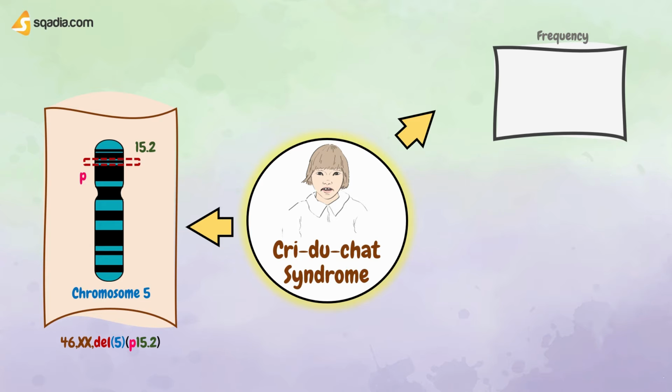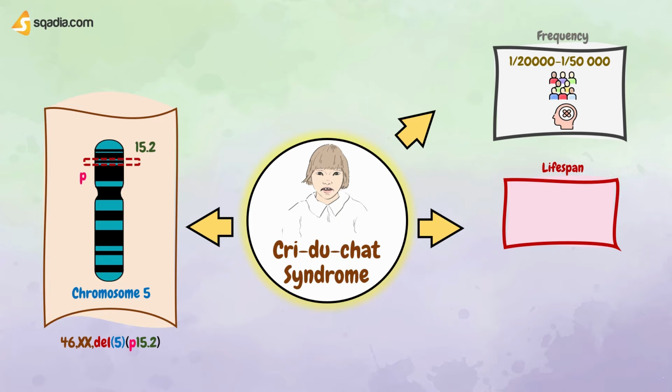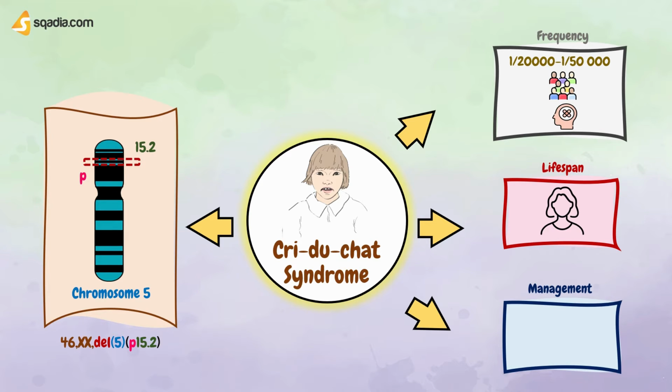Frequency of Cri-du-Chat syndrome is 1 out of 20,000 to 1 out of 50,000, possibly 1% of the profoundly learning disabled. Lifespan: survival into adulthood sometimes occurs. Management is a structured exercise regime, plus verbal stimulation and correction of squints.